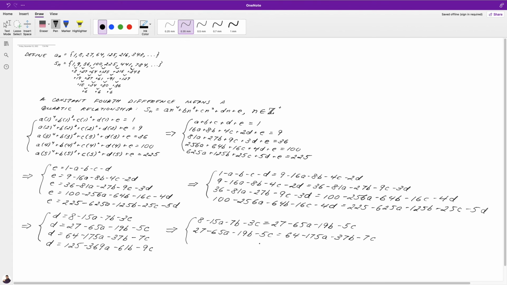And then, of course, setting the third equal to the fourth, we're going to have 64 minus 175A minus 37B minus 7C equals 125 minus 369A minus 61B minus 9C. Okay.